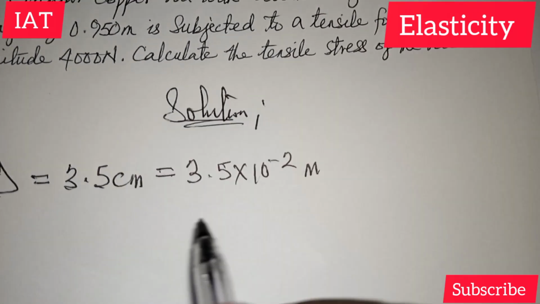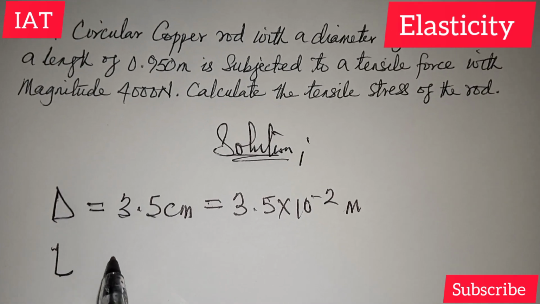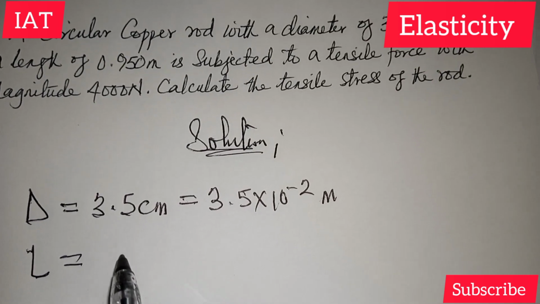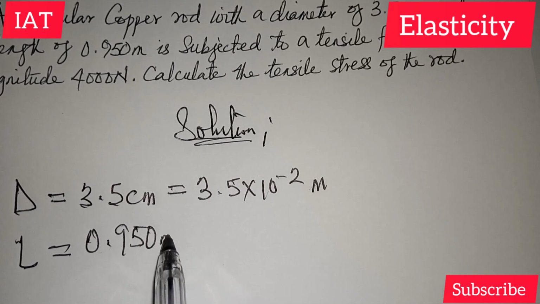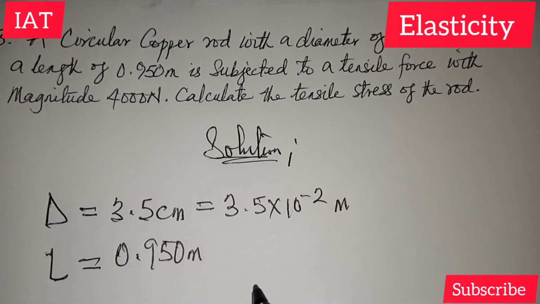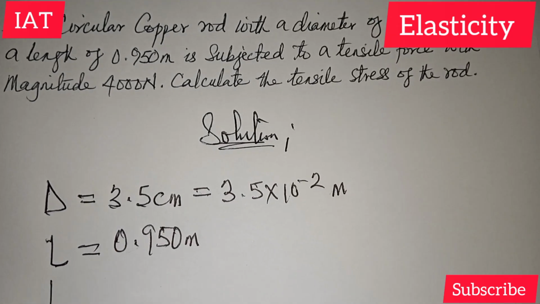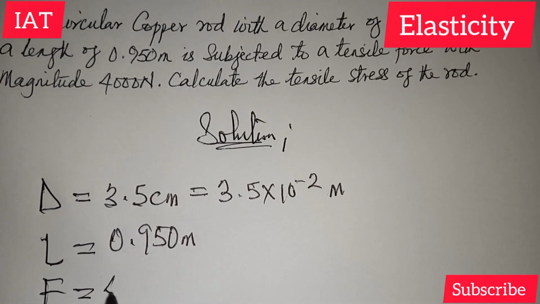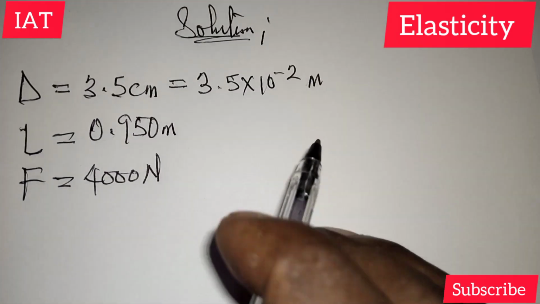What is another essential parameter listed there? We have the length to be 0.950 meters. The next parameter mentioned is the force. We have the magnitude of the force to be 4,000 Newton.